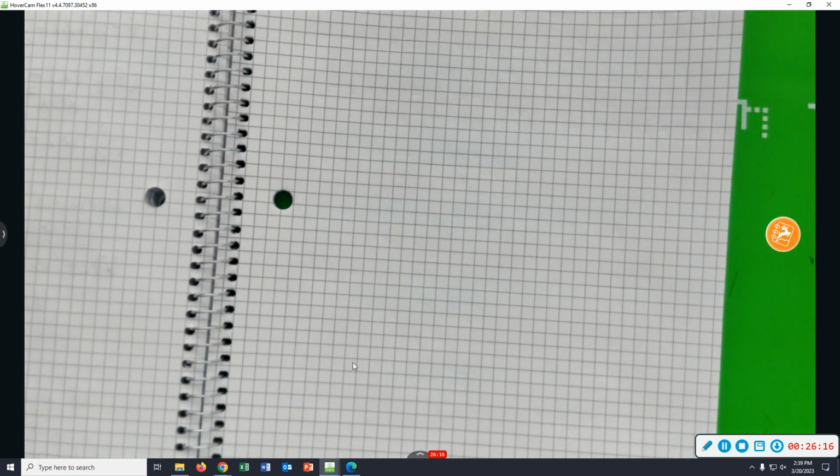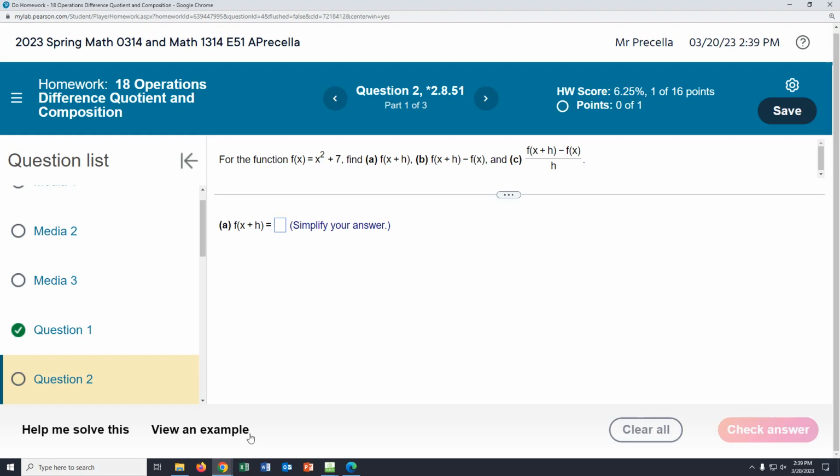So, if we look at problem number 2, it's a 3-part problem. Let me write it down. It says, for the function f of x equals x squared plus 7, part A says to find f of x plus h.